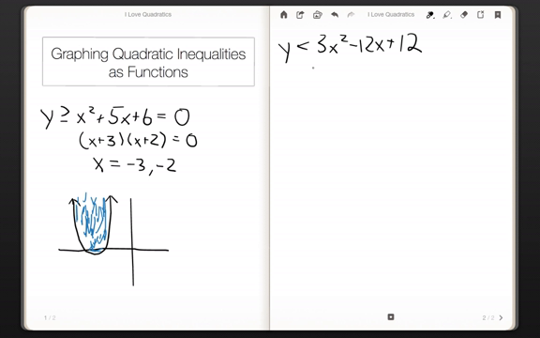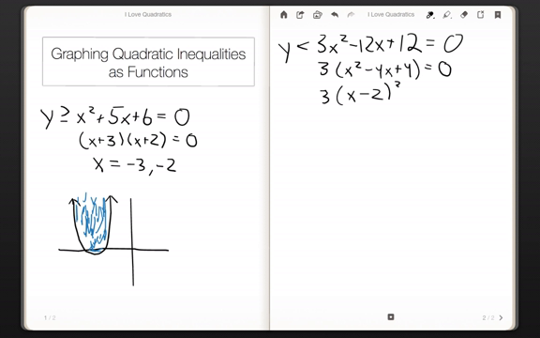So same thing for this one. We're just going to factor it real quick to get a general idea of where the roots are, setting it equal to 0. We can first factor out a 3 from the whole expression. And then this will get x minus 2 times x minus 2.